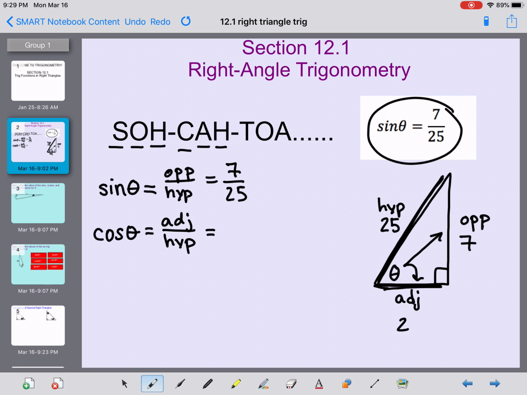Or if you know your Pythagorean triples, you know that this side is 24. A squared plus B squared equals C squared. So adjacent would be 24/25. Tangent of theta, TOA, is opposite over adjacent, which in this case is 7/24, right?